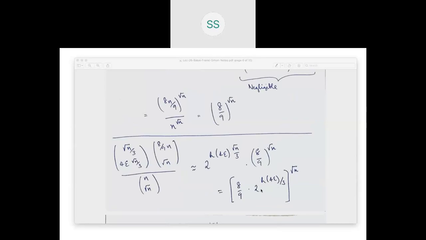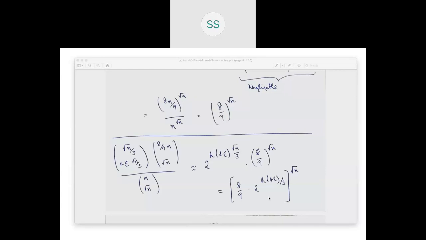And the point is that when epsilon is small, certainly h of 4 epsilon is also going to be small. And the thing inside the square bracket will still be something less than 1, a constant less than 1, and that power square root n.